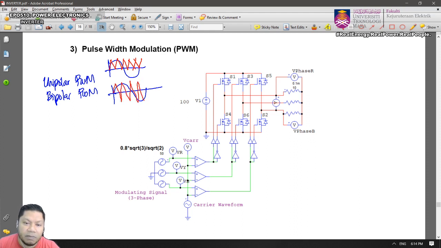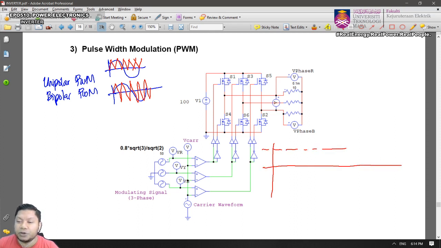That is bipolar PWM. So for the three-phase inverter, what you're going to do is compare the three-phase supply voltage, right? So I hope you still remember how to draw the three-phase waveform. You draw a dotted line there, then draw the triangles, isn't it?